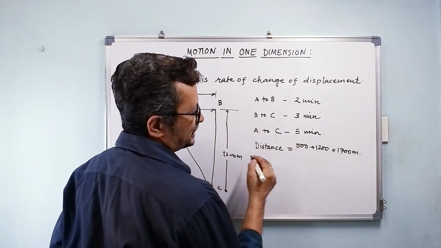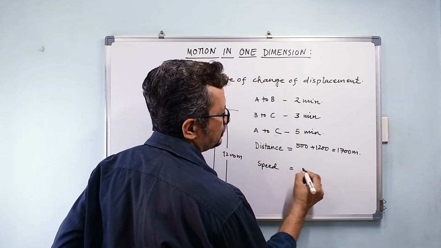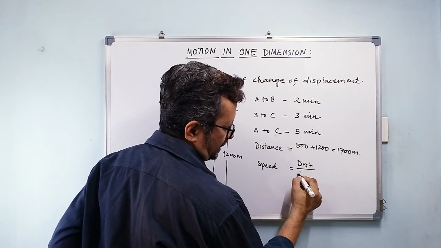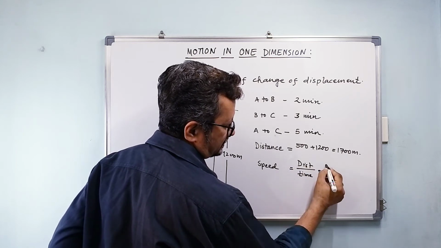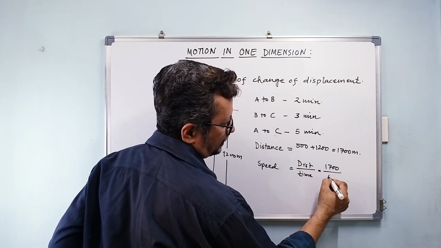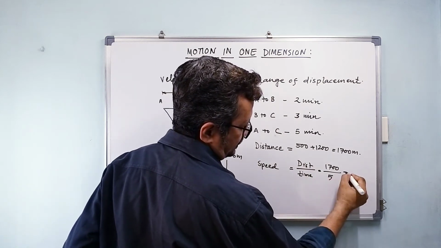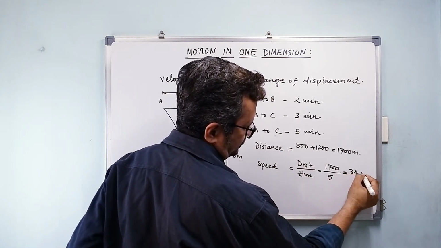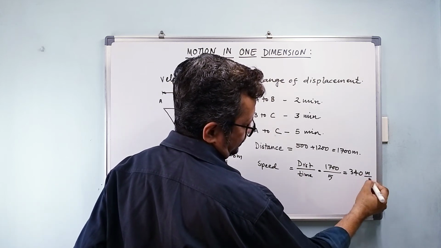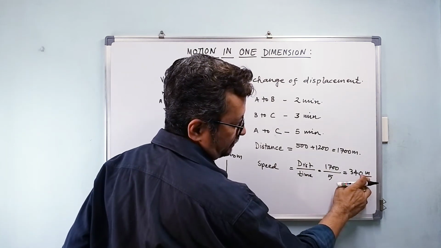I am taking 5 minutes. So speed is equal to distance upon time, that is 1700 upon 5, which is equal to 340 meter per minute, not second.